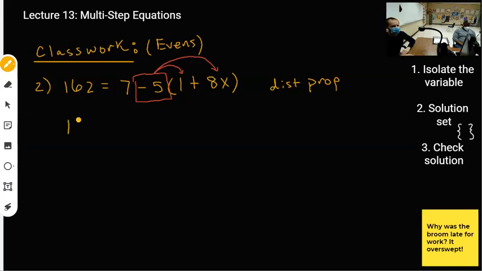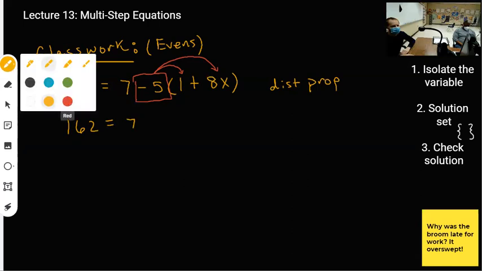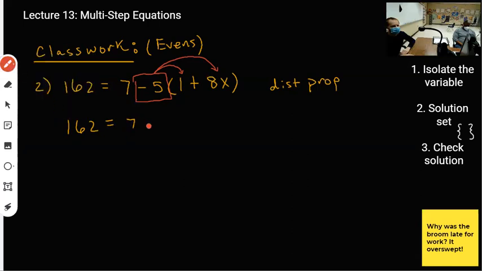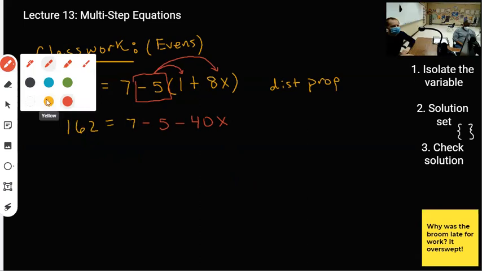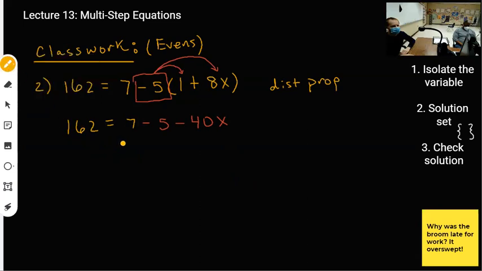So when we do that, we get 162 is equal to 7, and then I do my distributive property. -5 times 1 will give me -5. Also, -5 times 8x, that's going to give me minus 40x. So at this point, I've done the distributive property. Everything went okay with that.